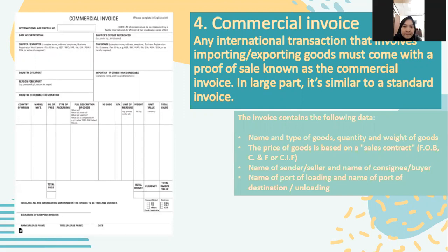First is name and type of goods, quantity and weight of goods. Next is the price of goods based on a sales contract. Next is name of sender or seller and name of consignee and buyer. And the last is name of port of loading and name of port of destination or unloading.